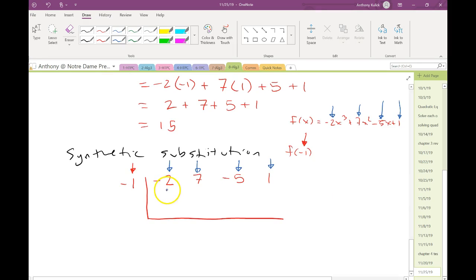The first step of this process is to just take that first number and write it underneath the bar, like we've done there. And now what we're going to do is take negative 1, multiply it by this negative 2, and then write the answer above the bar, and then add down.